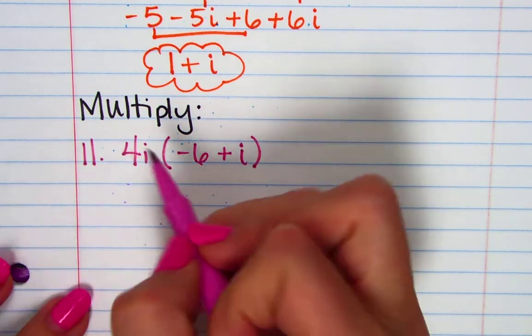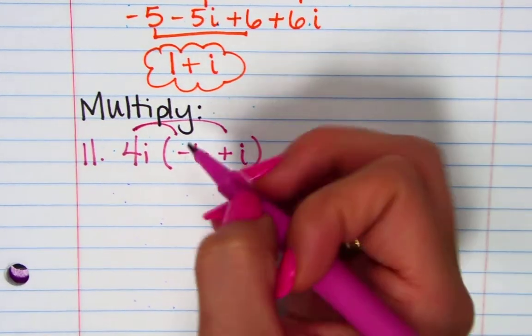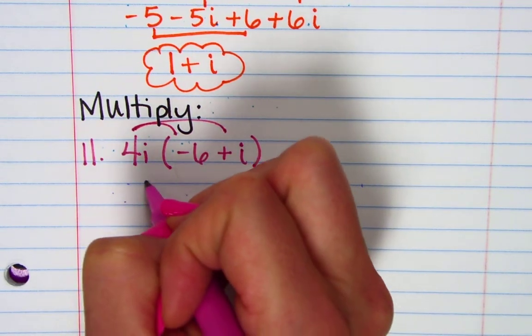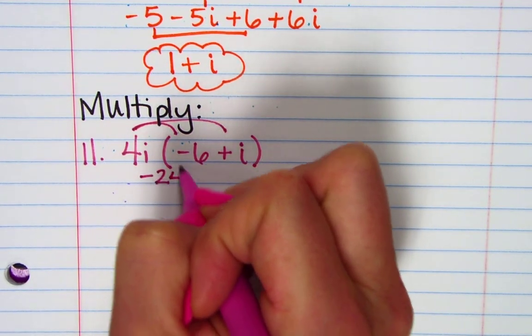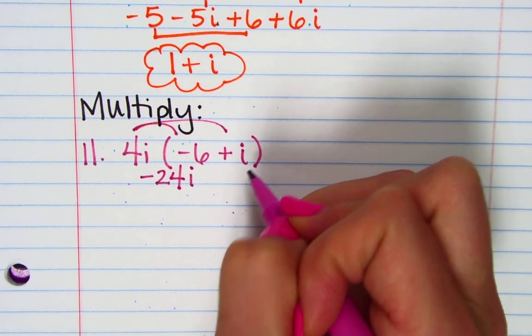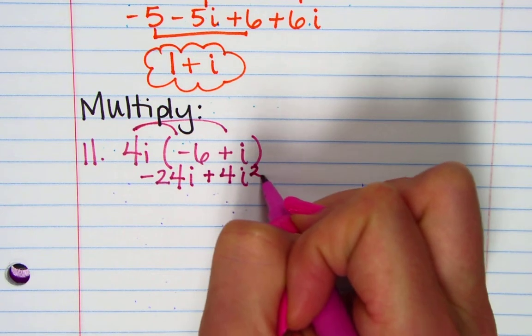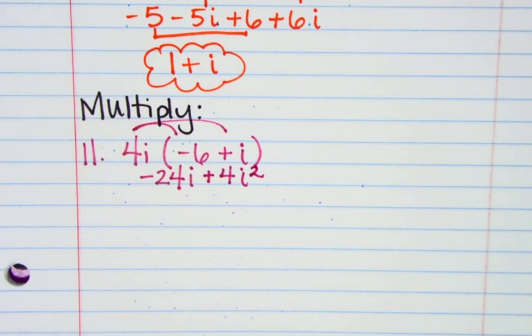Distribute, and that is what we're going to do, just like normal. 4i times -6, all right, -24i, and 4i times i, 4i squared, good. So -24i plus 4i squared.